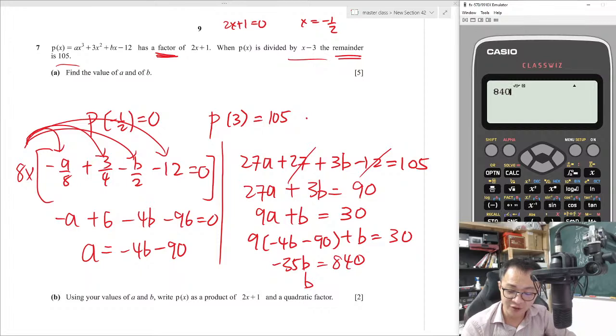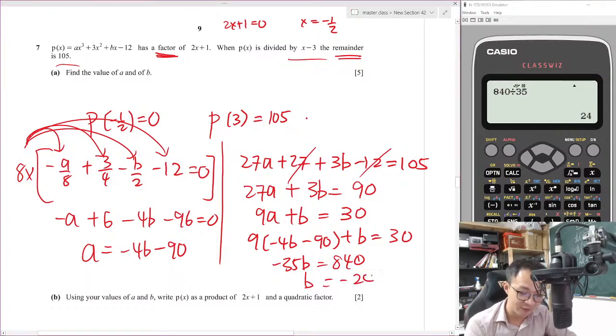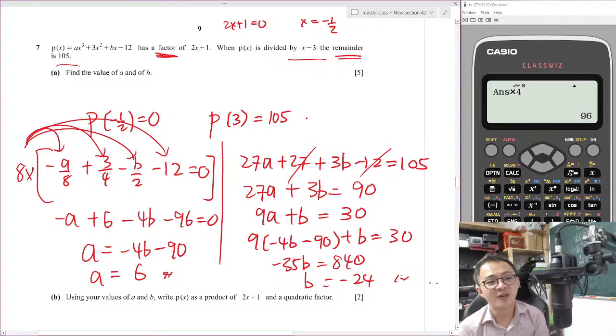So 840 divided by 35, b is negative 24. So a equals, multiply 4, 96 minus 90, so I get 6. This is how I get my a and b by doing the simultaneous. Of course, in the exam, you can write more if you want.